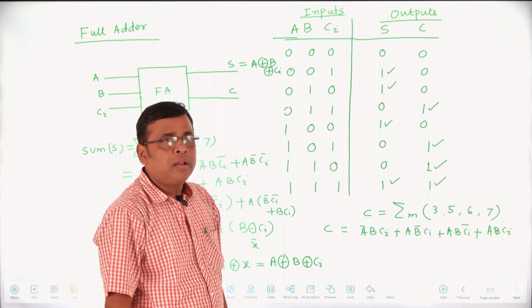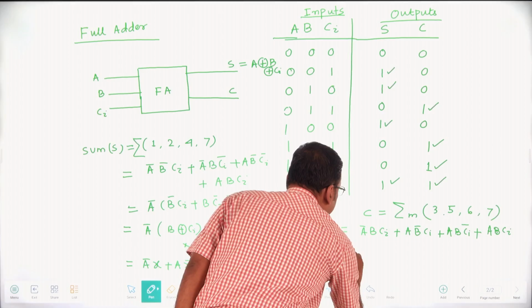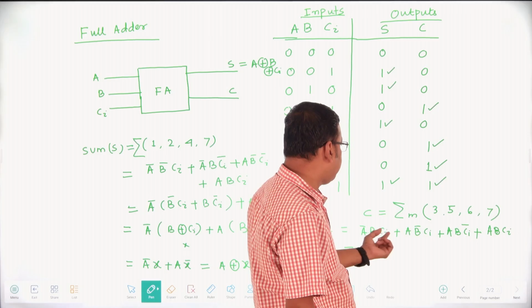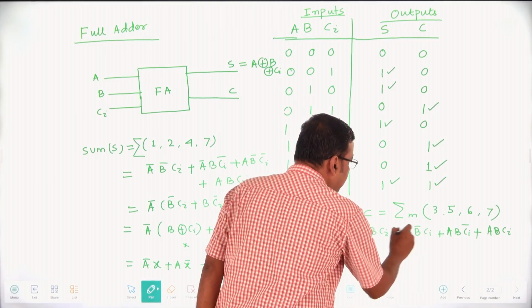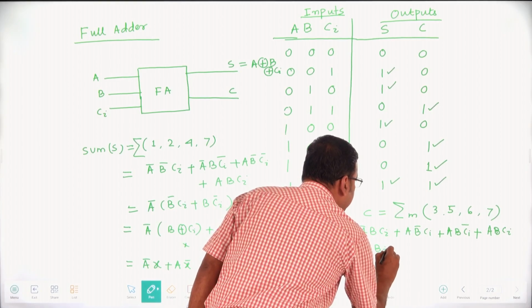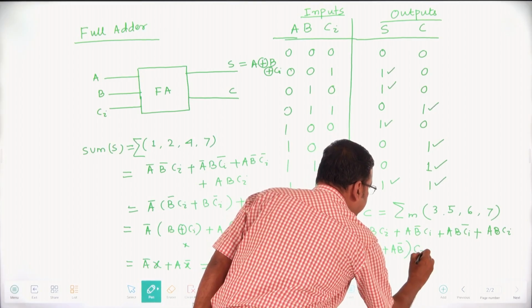Then we have to minimize it. So tell me, if you take these two min terms, where is the common term here? Ci is common. So if I take Ci as common, that is A bar B plus A B bar.